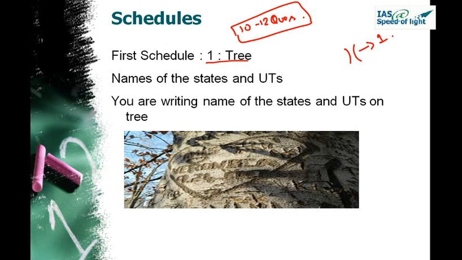Once you see that visual, colorful, and you involve yourself like you are yourself writing all the names of the states and the union territories on this tree, then you cannot forget this. So first schedule deals with the names of the states and union territories and also their territorial jurisdictions.